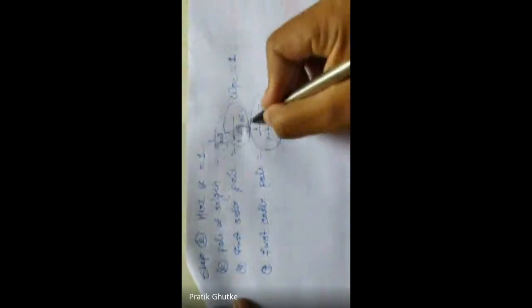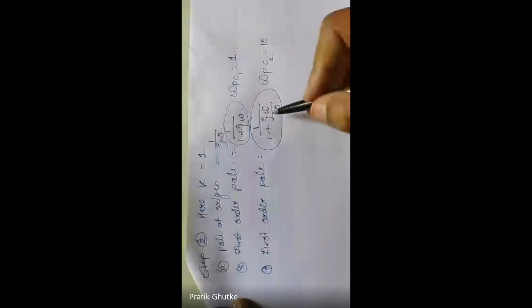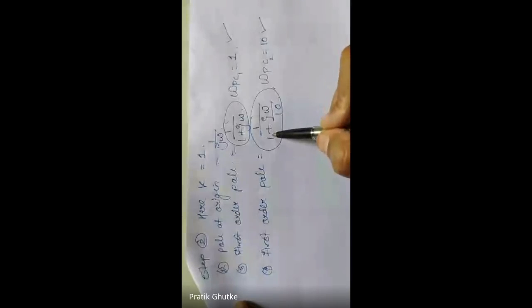For the next first order pole, corner frequency 2, it will be 10, because the coefficient of j omega there is 1 by 10. That's why omega c2 is 10. Have you understood this? Corner frequency 1 for the first pole and corner frequency 2 for the next pole.